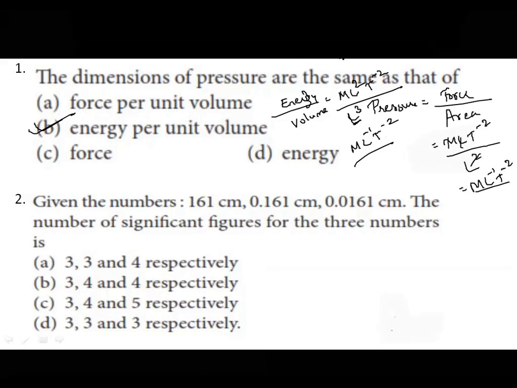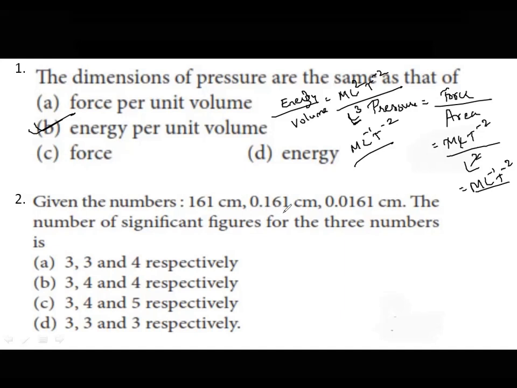Moving to the next question. Given the numbers 161 centimeter, 0.161 centimeter, 0.0161 centimeter, what is the number of significant figures for the three numbers? We know the rules: zeros placed to the left of the number are never significant.